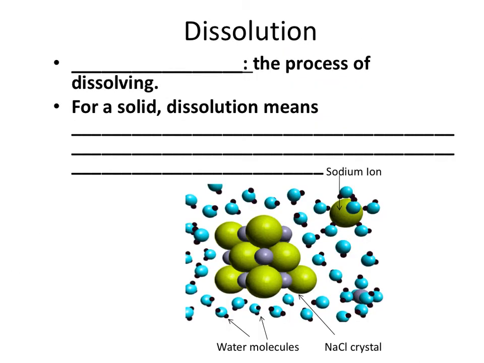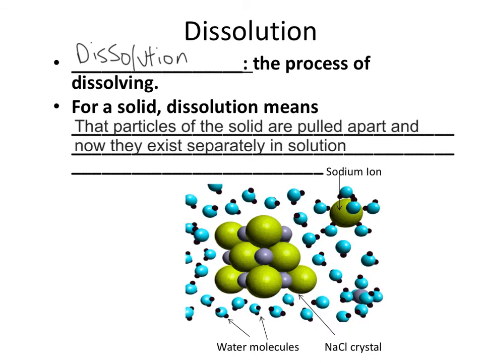All right. So dissolution. This is actually the process of dissolving. And what that means is that the particles of the solid are going to be pulled apart, so they're going to exist separately in the solution.